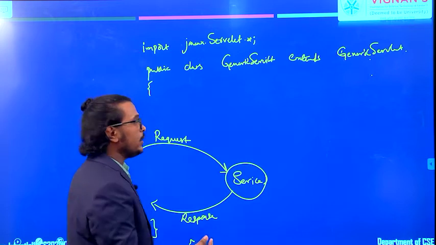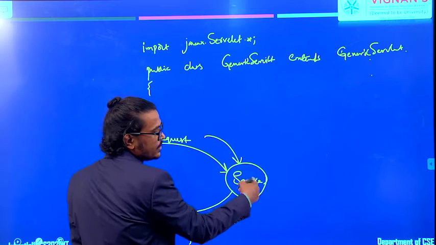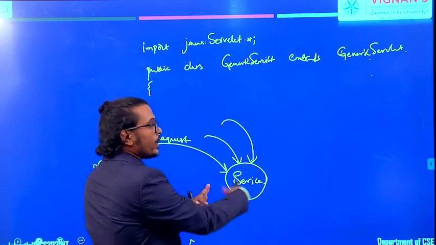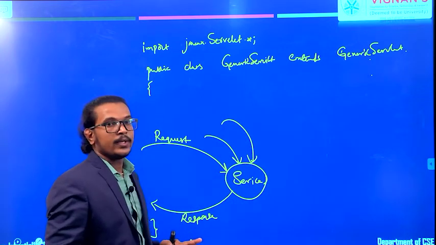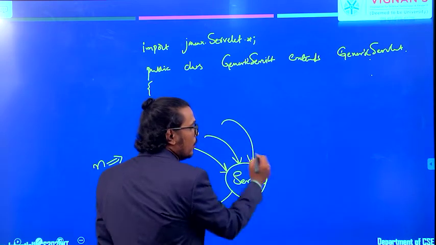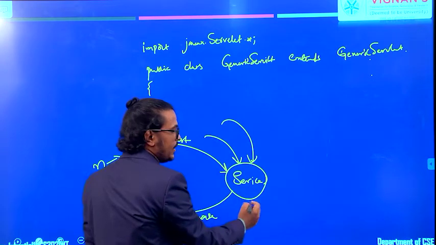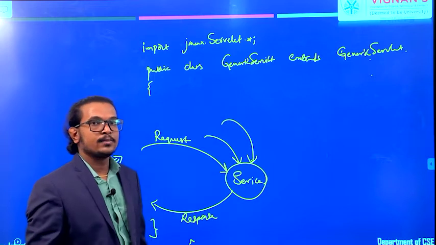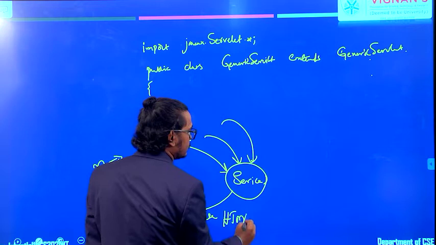The first request comes and it will provide some service, and when the second request comes, it will override that particular service method. Once the process is done, it sends the response back to the requested client in the form of HTML format.